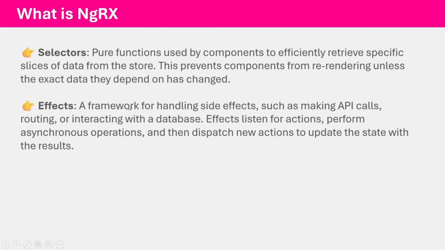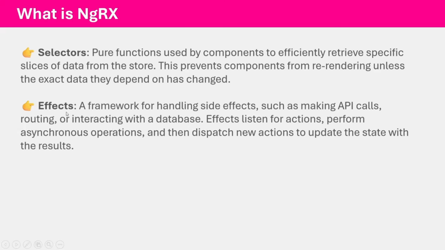Then we have effects. Effects is a framework for handling side effects, for example making API calls, routing, or interacting with a database. If we have a user state whose data we want to read from the backend, then we need to create an effect, because we want to make an HTTP call to the backend, and an HTTP call is a side effect.